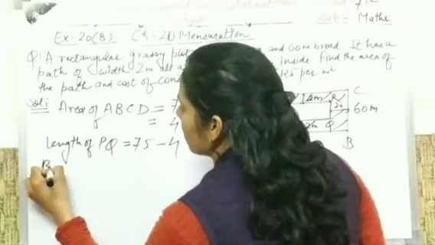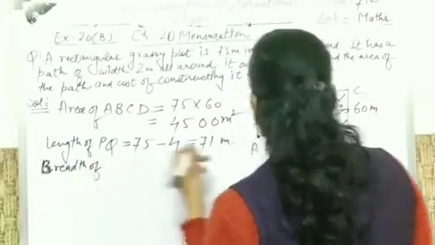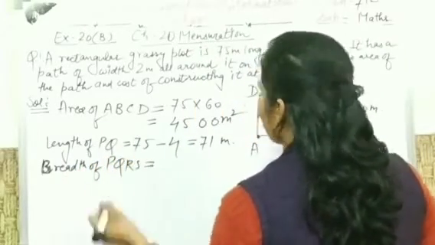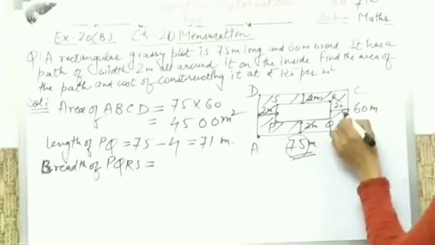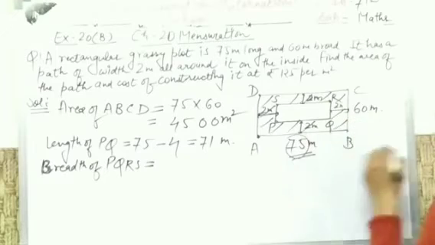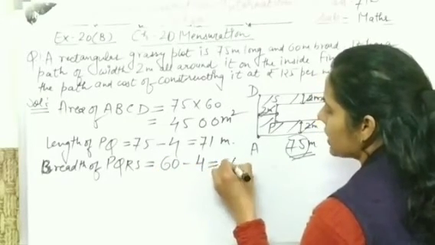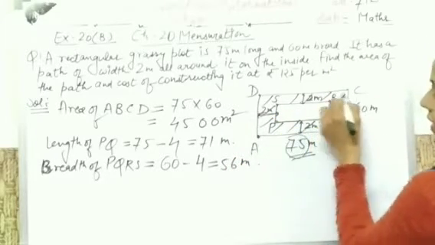And the breadth of PQRS, that is QR, we can easily find when we subtract 2 plus 2. It means when we subtract 4 from 60, we get the breadth of PQRS. So this is the length and this one is the breadth.